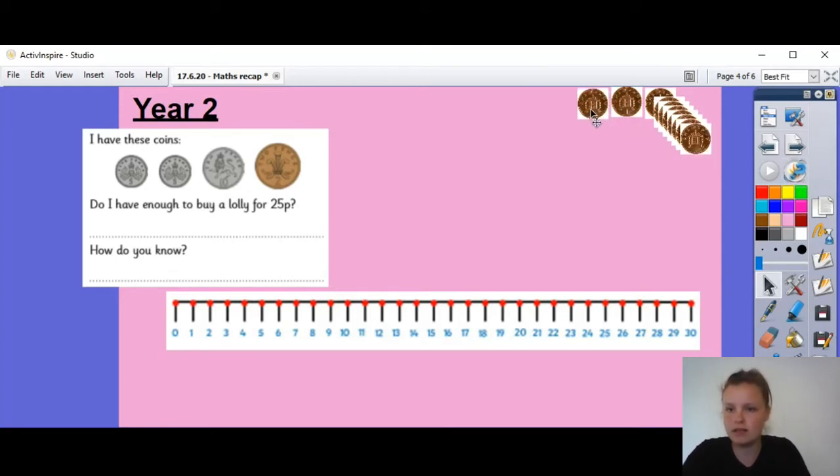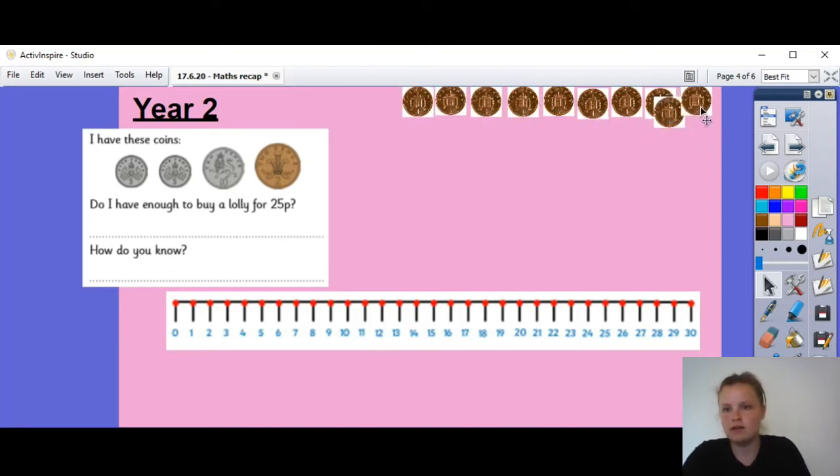Okay, 2, 3, 4, 5, 6, 7, 8, 9, 10. Okay, so I'm going to line these out now. So 1, 3, 4, 5, 6, sorry, it's taken a while, 7, 8, 9, and 10. Okay, so that 10p coin is worth the same as all of those ones. So it's the same as 10 ones.